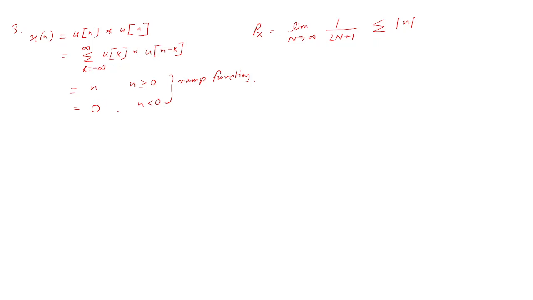This is 0 for all negative values, so instead of starting small n from minus N, we'll start from 0 up to capital N, of n squared.